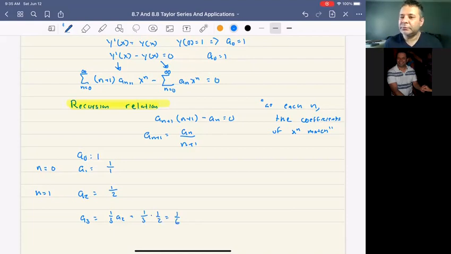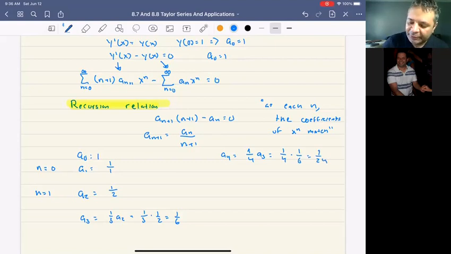One-sixth. Okay. A sub 4 is 1 over 4 a sub 3, which is 1 over 4 times 1 over 6, 1 over 24.